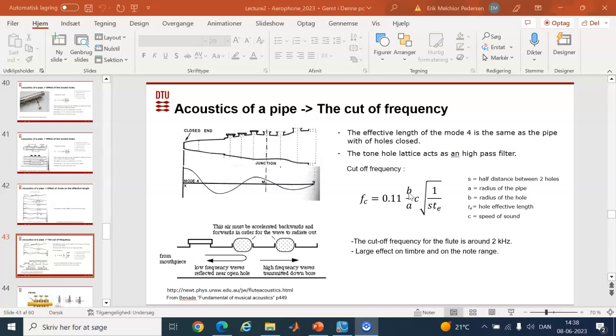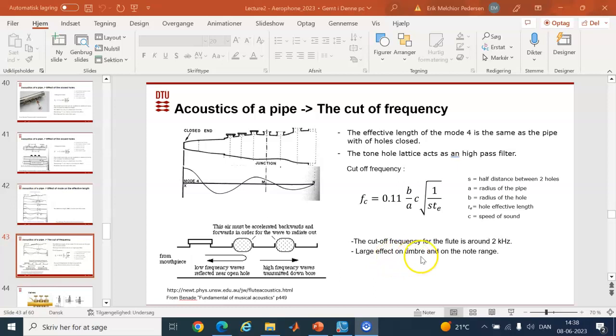If S, the distance between the holes, is decreasing, and T, the hole effective length, is also decreasing, then the denominator in the square root will decrease, and then this fraction will increase. So the cutoff frequency will increase. So cutoff frequency is dependent on different things. The cutoff frequency for the flute is around 2000 Hz.